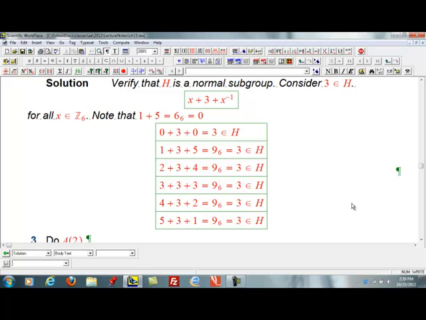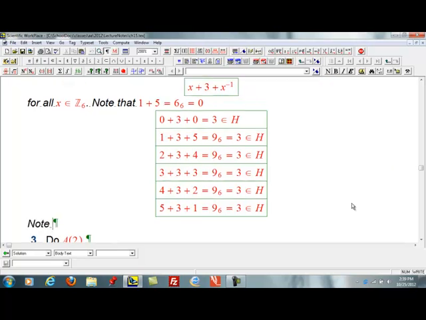If you do x plus 0 plus x inverse, that is equal to x plus x inverse, which is equal to 0, which is in H for all x in G, which is our Z6. So what's your conclusion? H is a normal subgroup.